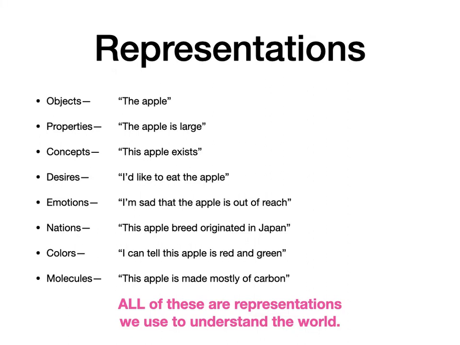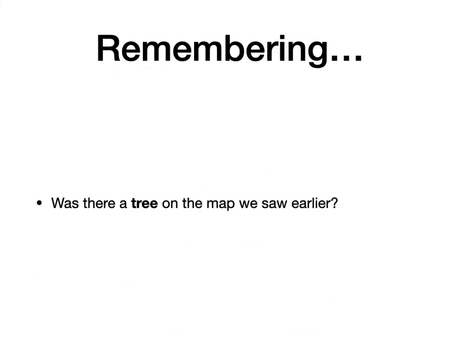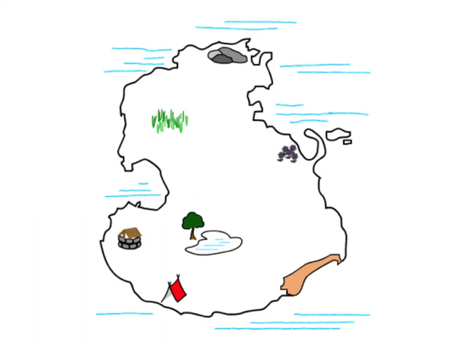Now let's try something. Remembering, was there a tree on the map that we saw earlier? Give yourself a second, a couple beats. I bet it'll come quickly or not at all. So, yes, there was. Can you remember where it was? If you pulled from memory that it was kind of in the middle near the little pond or lake or whatever, you're right.